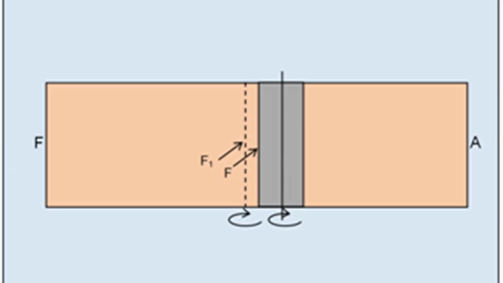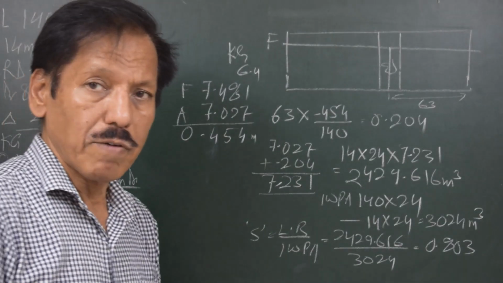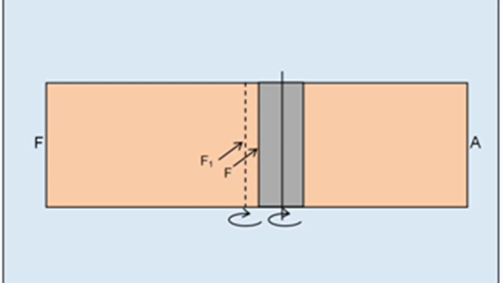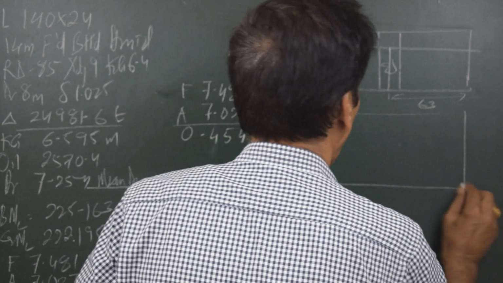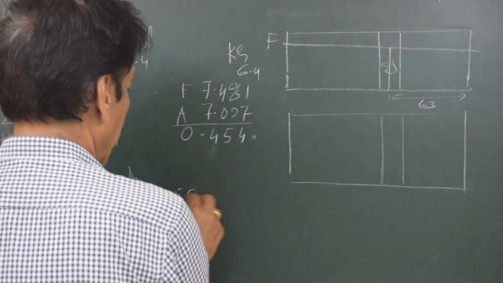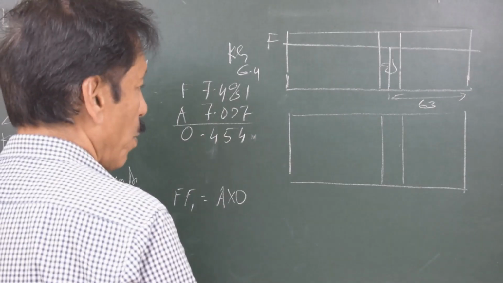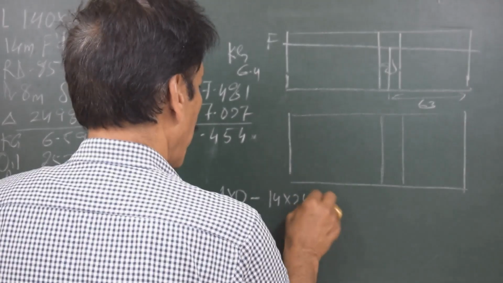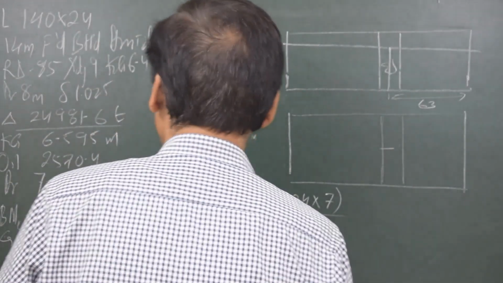Now one of the first things that is done in an intermediate or end compartment bilging, as I discussed earlier, is to find out the FF1. And to find out FF1, we take the moment of area about the midships. Now looking at the plan view, we have the damage here, and we had said that in FF1 the first thing we do is A into 0. We take the moment of the entire area about own midship, so the distance is 0, minus 14 into 24 into 7, because the distance from here to here is 7, divided by intact water plane area.